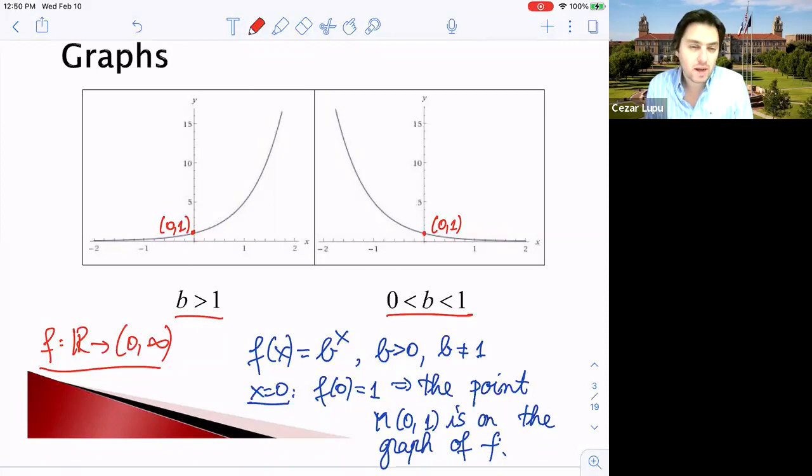Well, now let's just look again at the two graphs, right? Somebody said something else here. Let's see. What did you guys say? What other thing do you see in these two graphs?